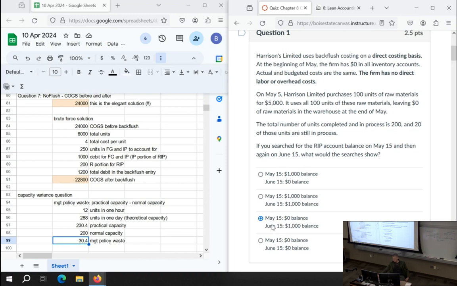And then after the end of May, it will have to have some amount debited to it because there are some units in process. There we go. Okay, I'm getting it now. 5,000 here is total cost, because we have no direct labor, so we're just looking at total direct materials cost. And just for note for later, we have 0 raw materials in the period. Divided by 200, so 5,000 divided by 200.